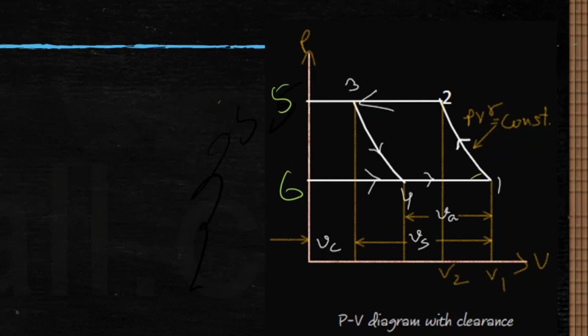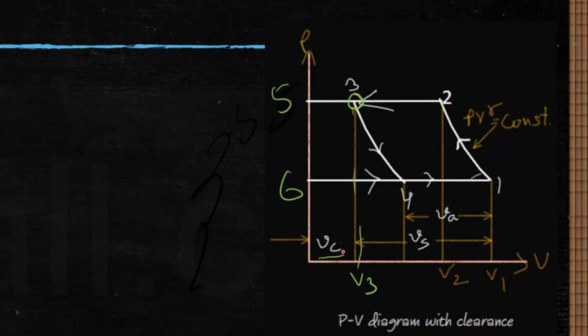So you look at the PV diagram. Process 1, 2 is compression, and 2 to 5 is delivery, but the delivery process is completed at point 3. That means before reaching the final cylinder. So V3 corresponds to the clearance volume.